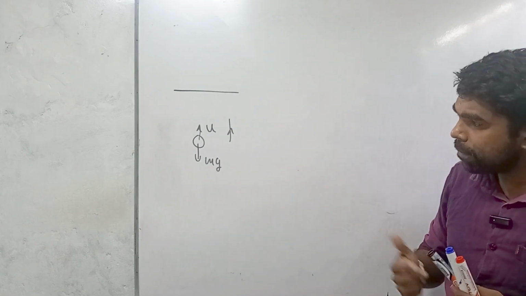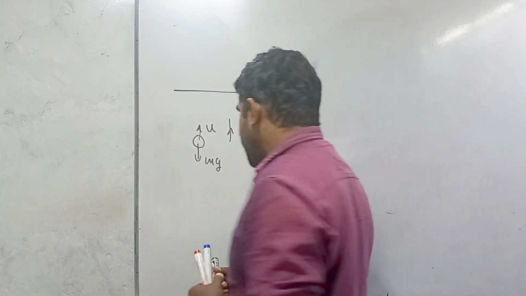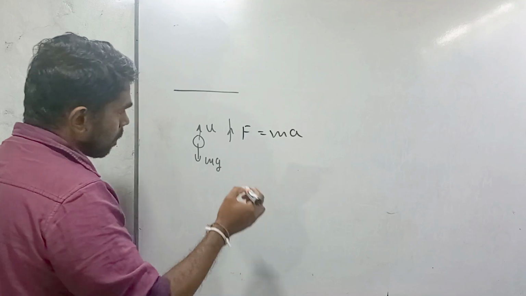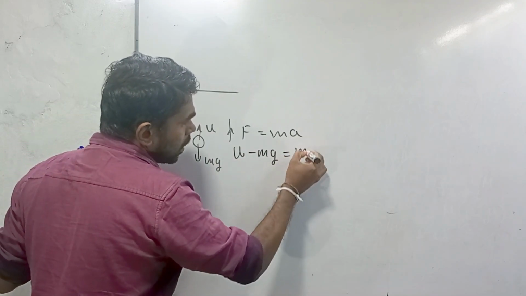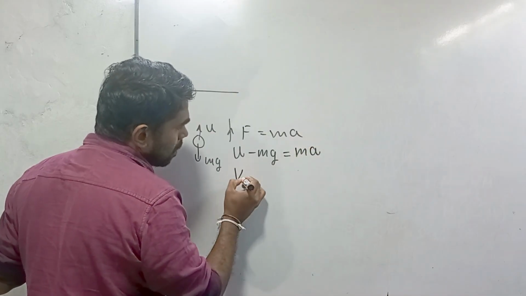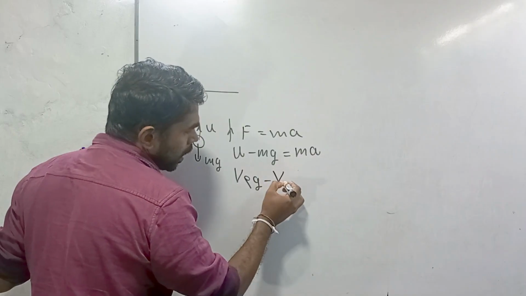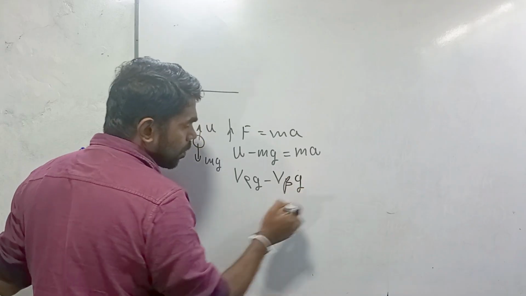Then we can use a constant acceleration. I will find the acceleration by using F equals ma. Upward force upthrust, downward force mg weight, equals ma. We can substitute upthrust as V rho g, and mg as V times density of the object beta times g.